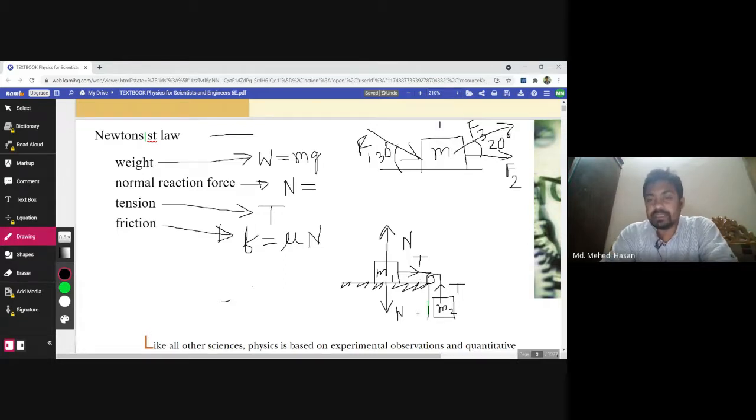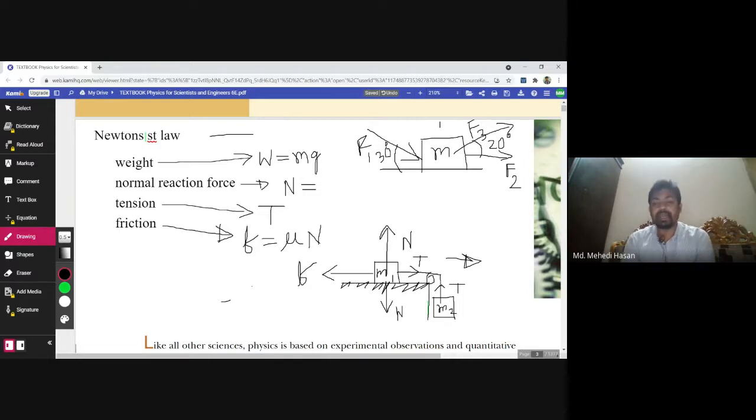Now, since the object is moving rightward and the surface is frictional, there is friction involved, so the frictional force is also involved, which is in the backward direction, along the leftward. This is F. So these are the main forces involved, and there is no external force involved.